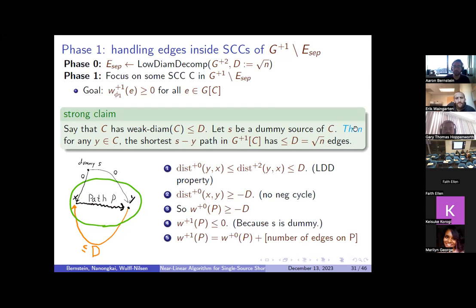So the weight in G plus 1 is just whatever the weight was in G plus 0 plus the number of edges on the path. But in G plus 0, we know that the most negative you can be is negative d. In G plus 1, you're less than or equal to 0. So you added at most d, which means that there are at most d edges in the path, because you add plus 1 for every edge on the path. So that's how we can conclude that the total number of edges on the path is less than or equal to d.